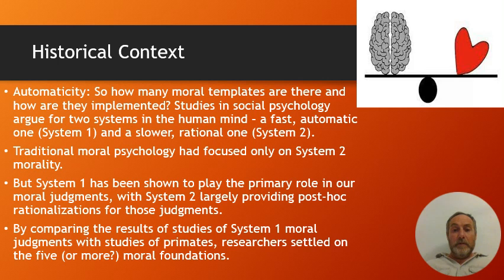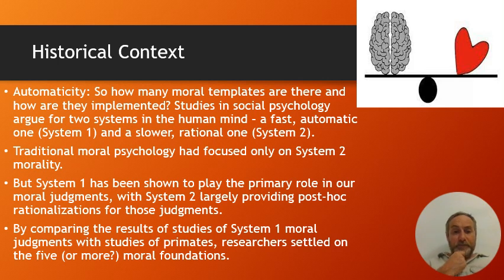So, 50 years ago, people were just assuming that morality was a system two sort of thing, a rational, deliberative process. More and more we're seeing evidence that system one is probably playing the primary role in how humans make their moral judgments. They start with a reaction, and when they do engage system two, it is usually just to justify the initial judgment.